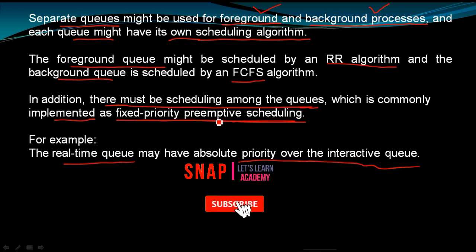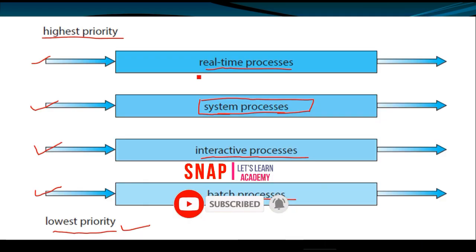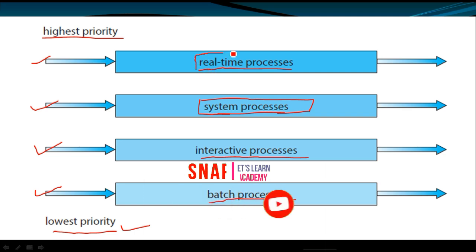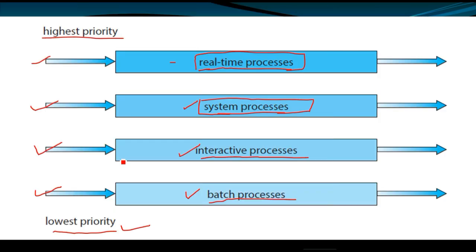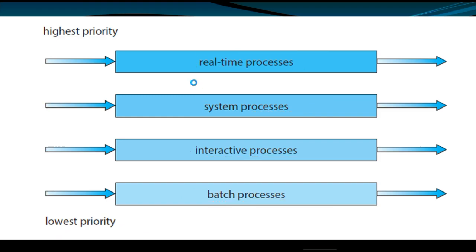Fixed priority preemptive scheduling means a process in the real time queue cannot go to the system process queue, the interactive process queue, or the batch process queue. That process remains in its own queue. That is the meaning of this example. Also, the real time queue may have absolute priority over the interactive queue. This is how we can use the multi-level queue scheduling algorithm.